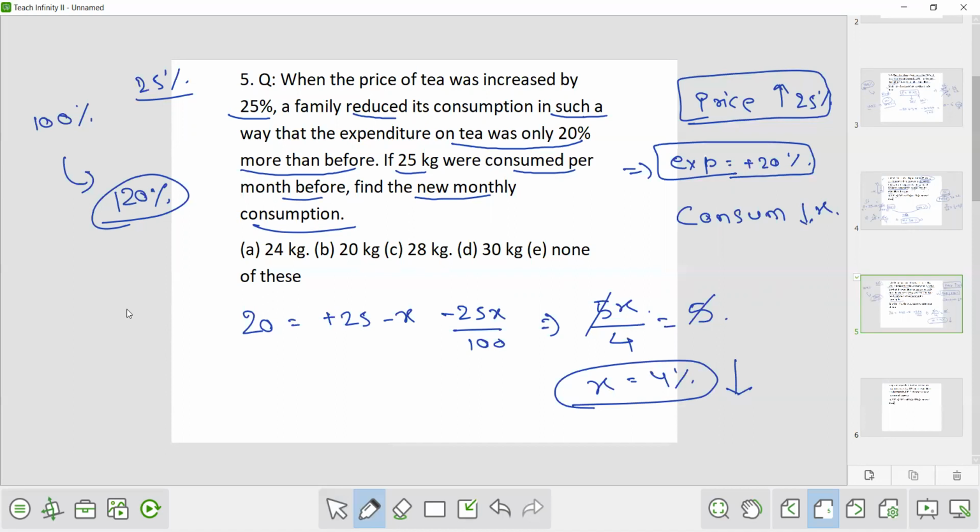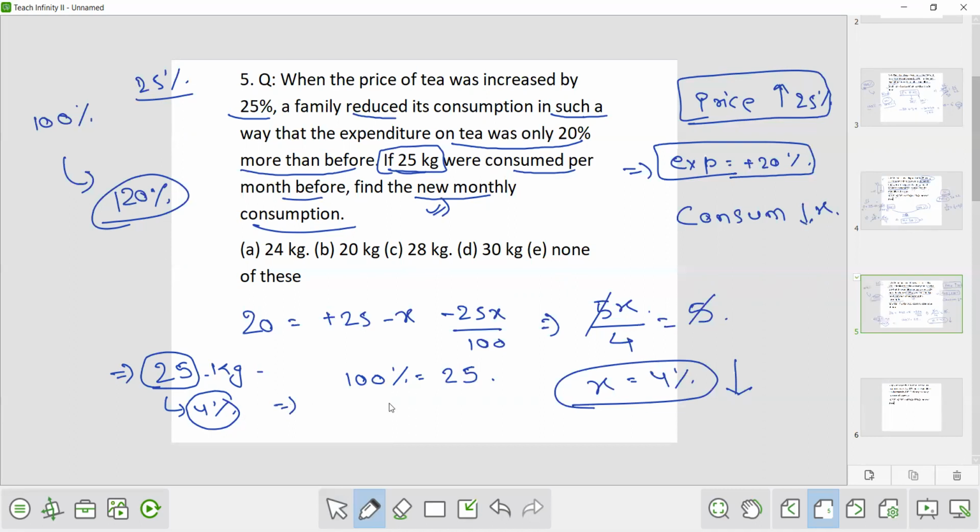Now if the original consumption was 25 kg, what will the new consumption be? Earlier the consumption was 25 kg and this got reduced by 4%, so just remove 4% from this 25. Let's say 100% is equivalent to 25. So 1% will be equivalent to 0.25.